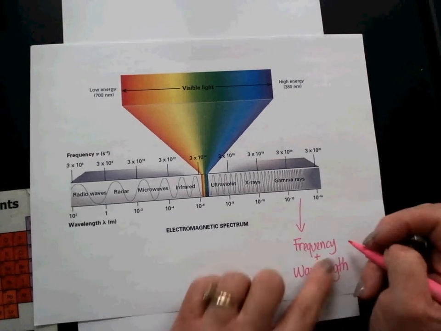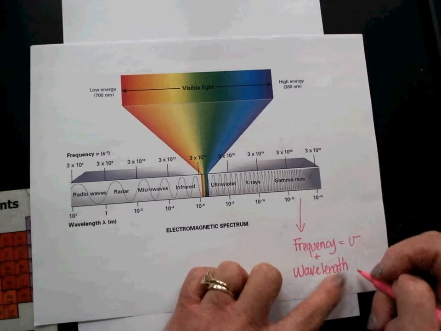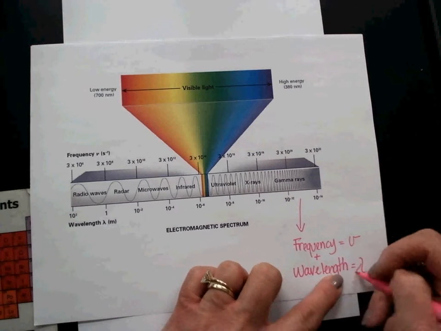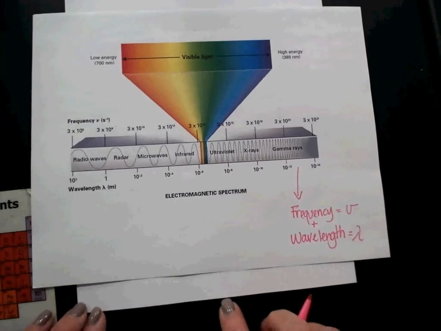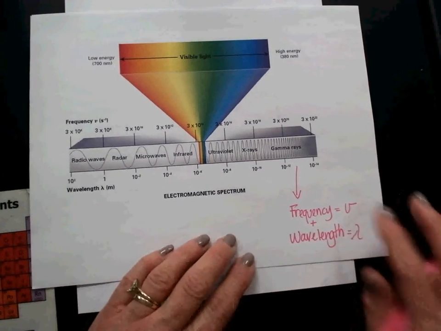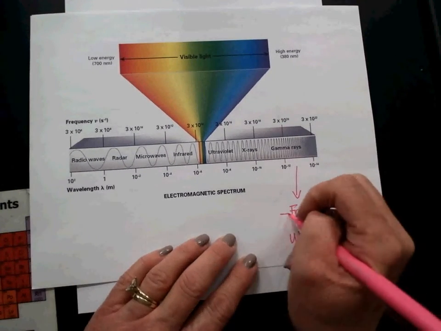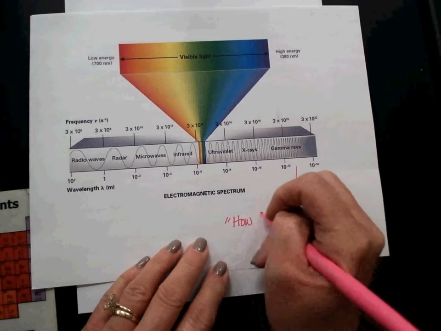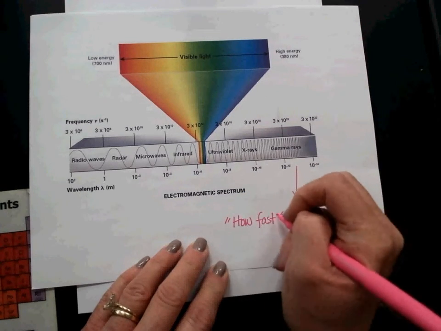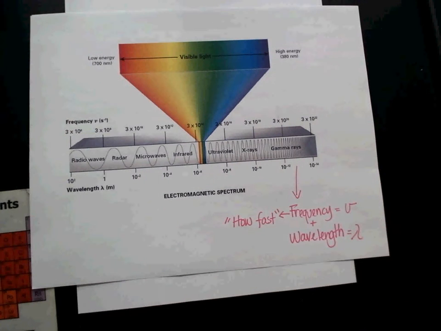Remember, frequency looks like the V, wavelength is lambda, lambda nu. Think of frequency as how fast. How fast is the wave traveling?